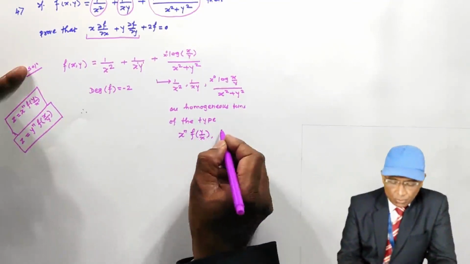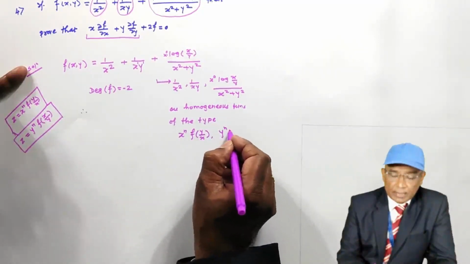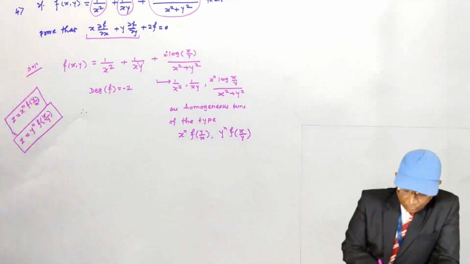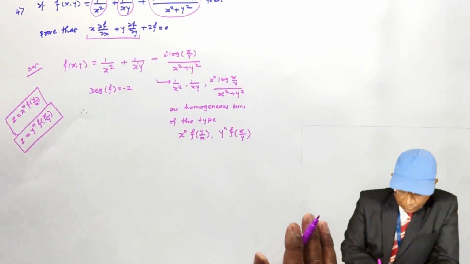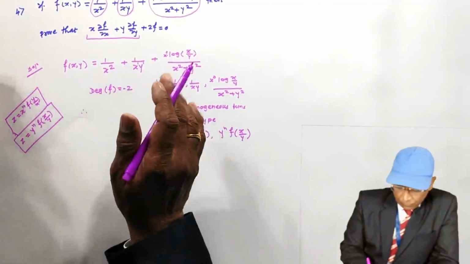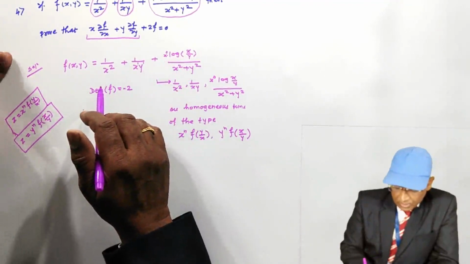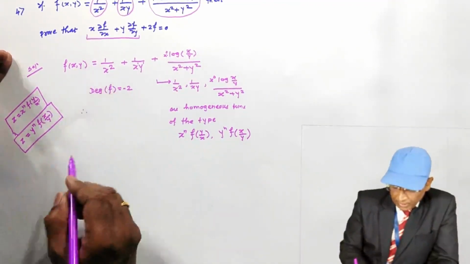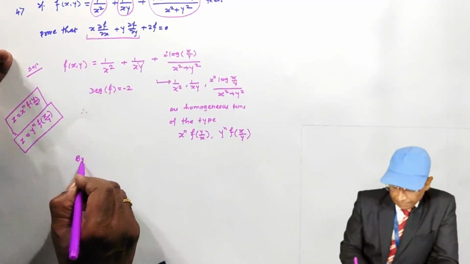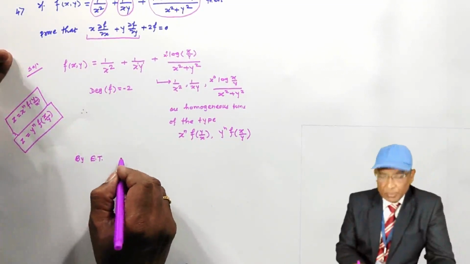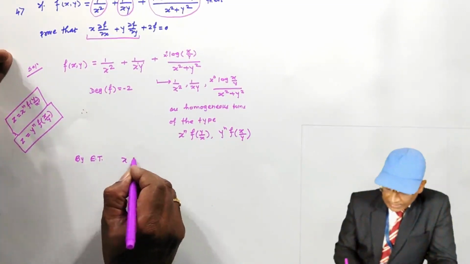Therefore, I am solving the problem directly using the function f. Now by Euler's theorem, what is Euler's theorem? For z, x del z by del x plus y del z by del y is equal to nz.